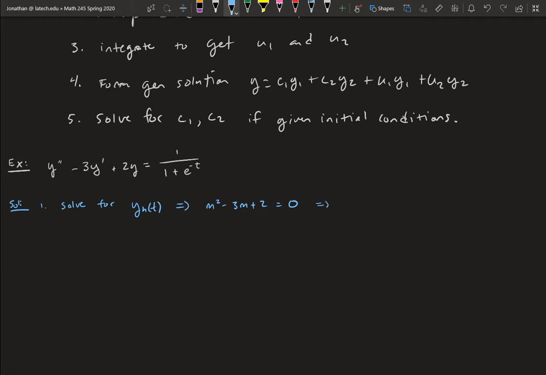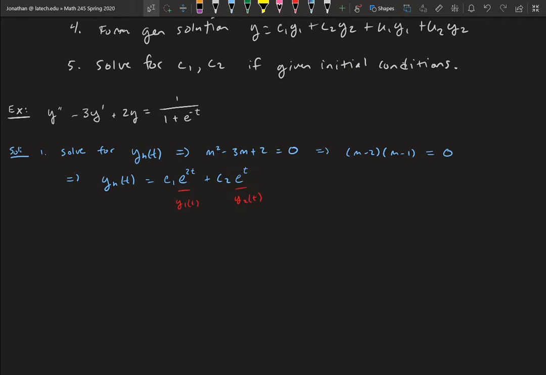I think we can: m minus 2, m minus 1 equals 0. So our yh of t is going to be c1 e to the 2t plus c2 e to the t. We'll call the first one, e to the 2t, y1, and the second one y2. All right, so that's our homogeneous solution.